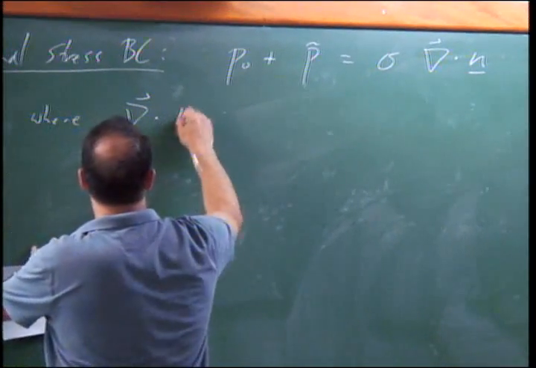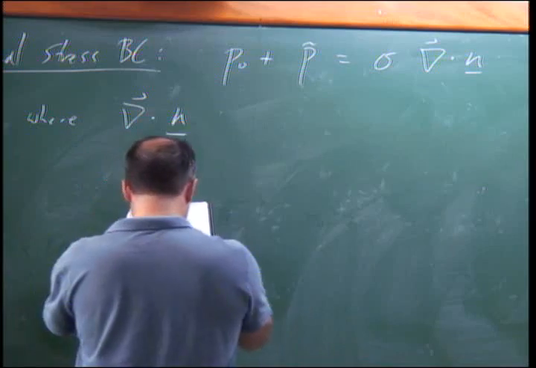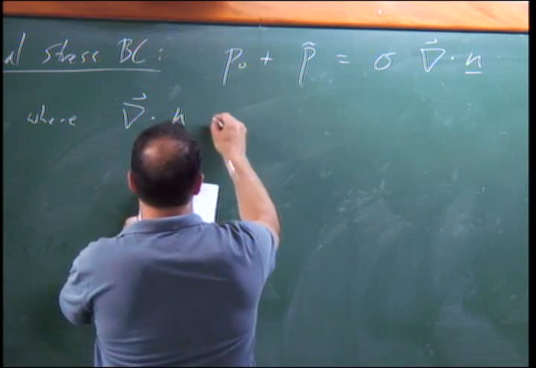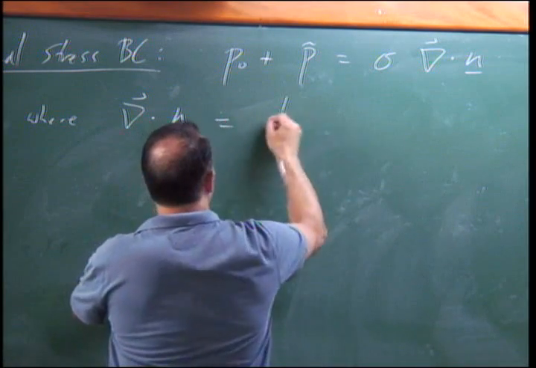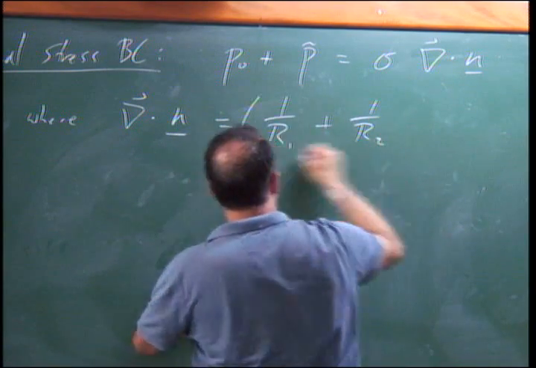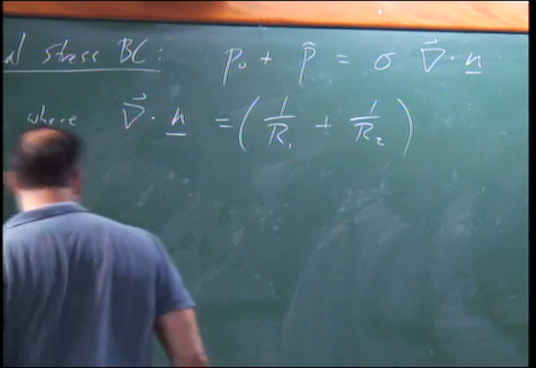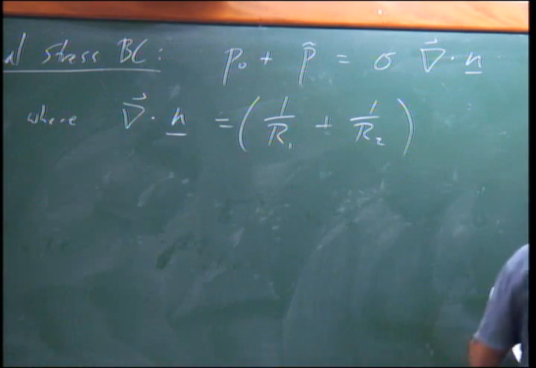Again, we're going to use this approximation if the thing is long and thin. You can express it as these two radii of curvature, one of which is simply the local radius of the cylinder.